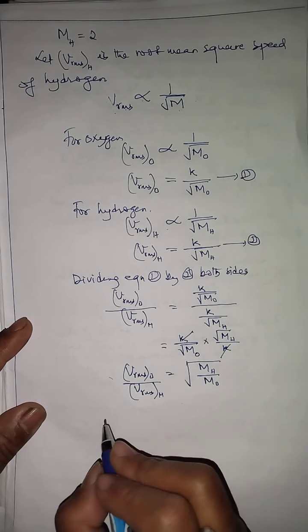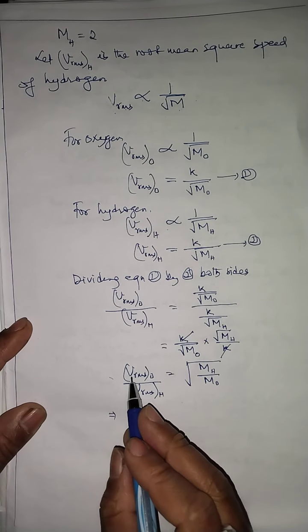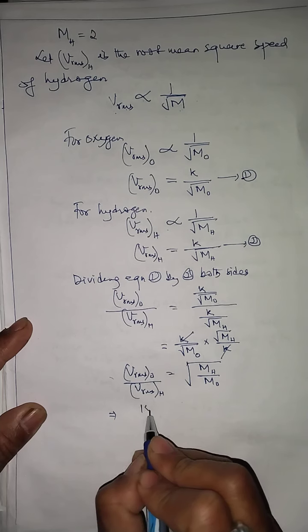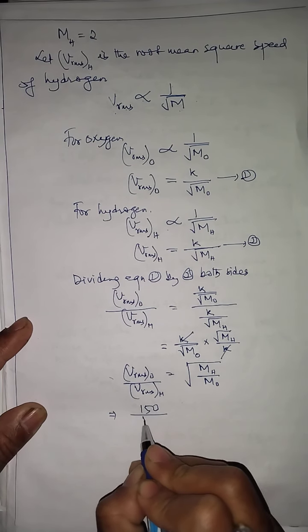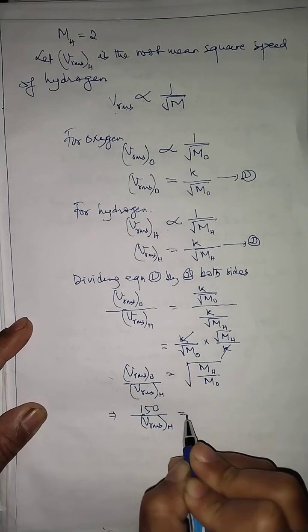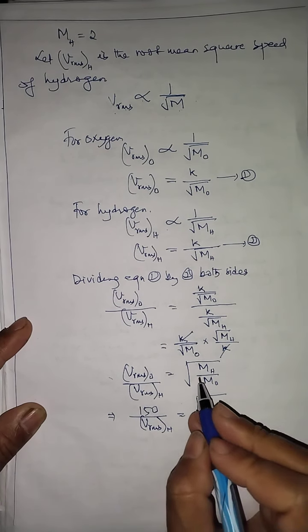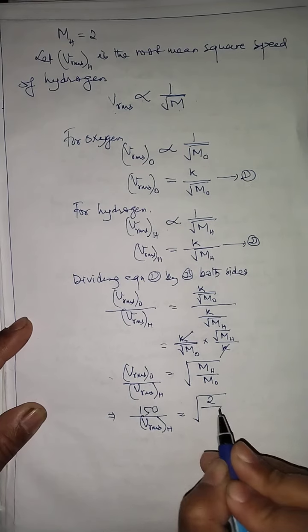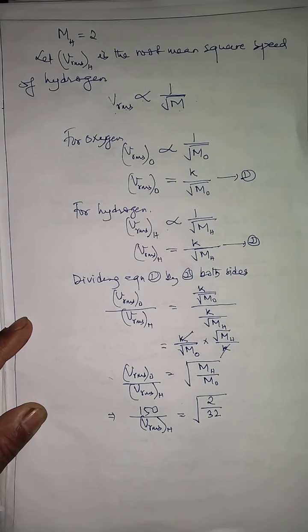Now let me substitute the values. The root mean square speed of oxygen is given, 150. The root mean square speed of hydrogen needs to be calculated. The molecular weight of hydrogen is 2 and that of oxygen is 32.